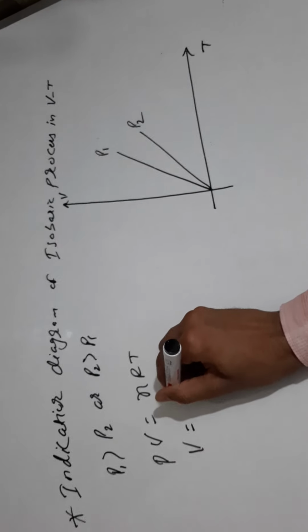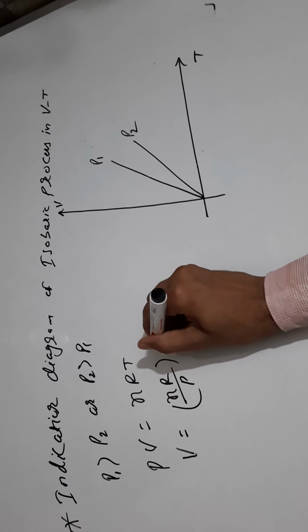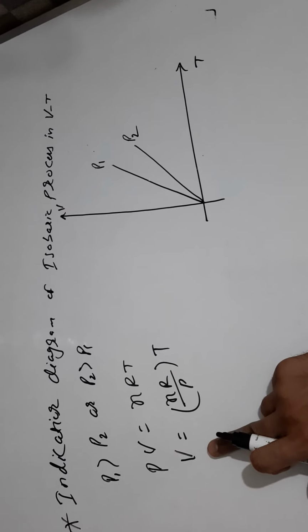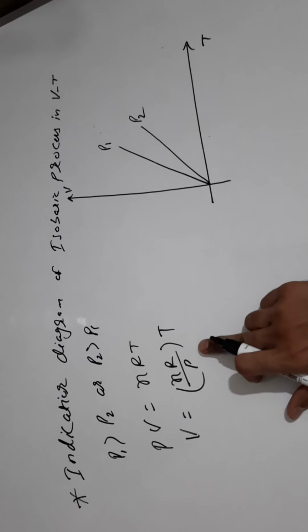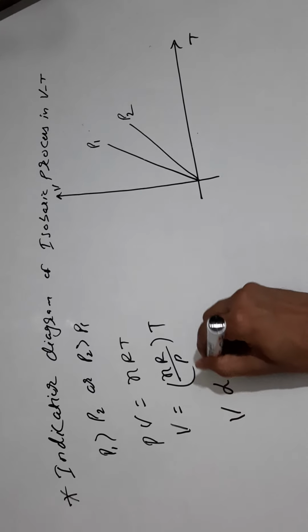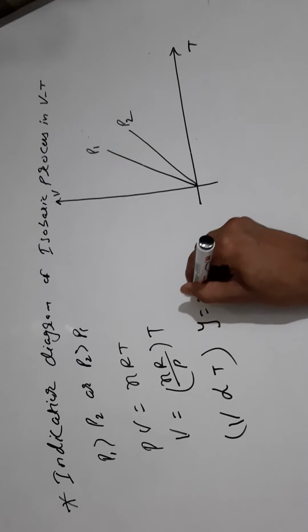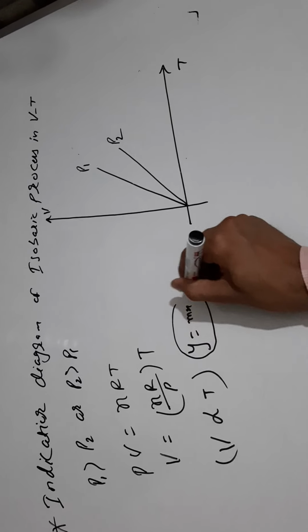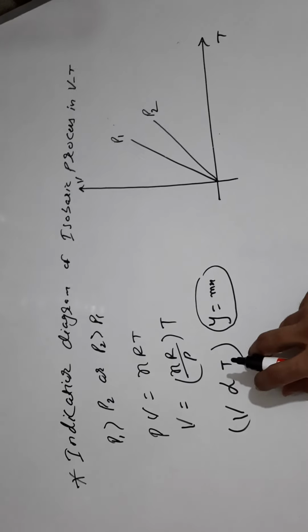You can write V is equal to nR by P into T. So this looks like V proportional to T, similar to y is equal to mx. The nature of the curve is a straight line.